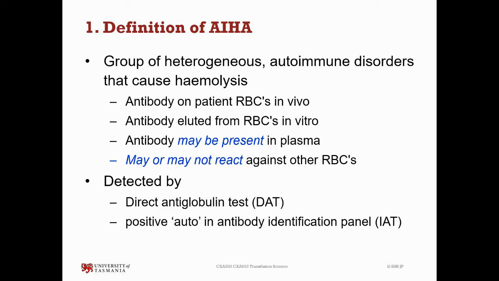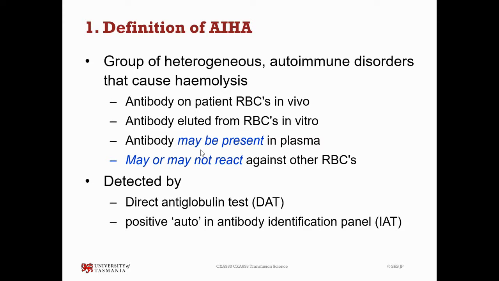Okay, so the reason that it may not be present in the plasma is because the concentration of the antibody in the plasma may be such that it has attached to the red cells. So all of the antibody that has been made has actually attached to the antigens on the red cells. So the red cells are sensitized, but there's no antibody in the plasma.